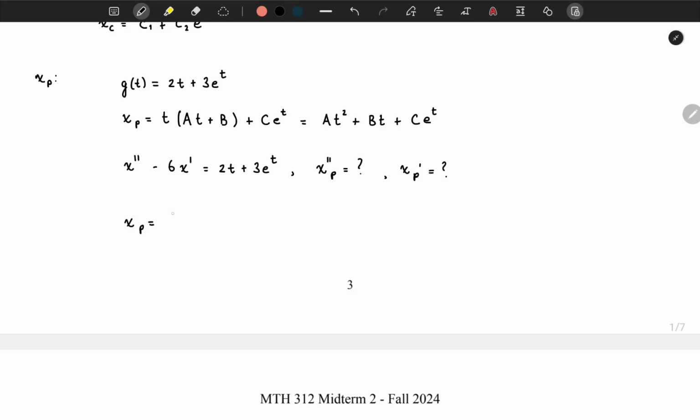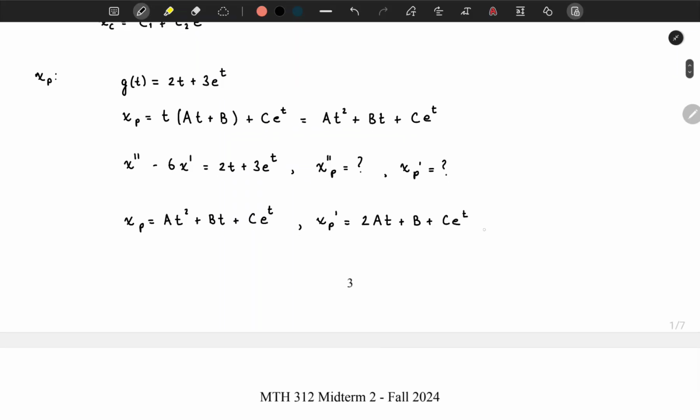Let's write our xp once again. Let's differentiate it once. So we would have 2at plus b plus c e^t.